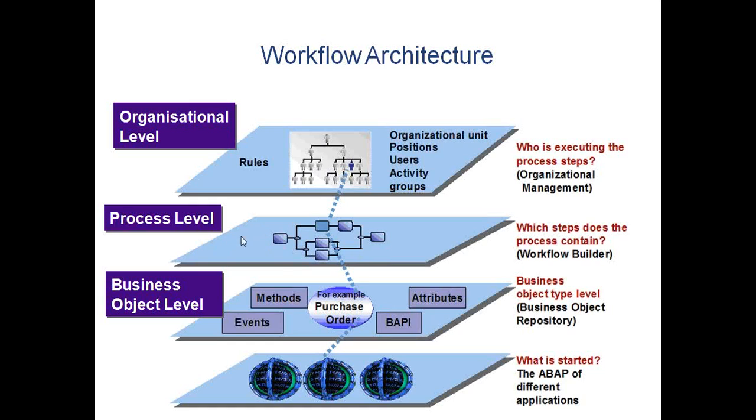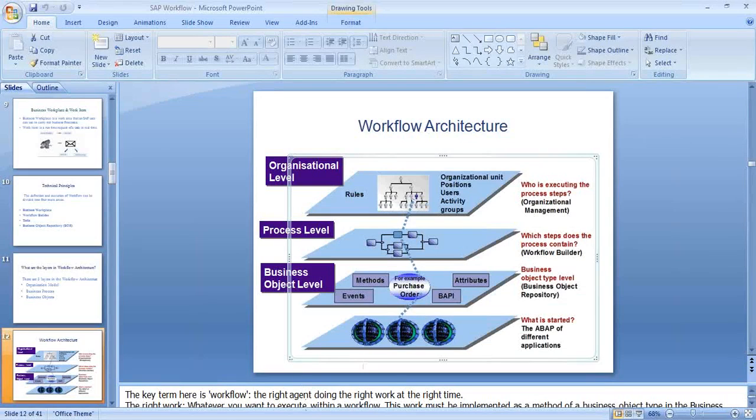Now coming to the process level. This process level is the steps where we actually define the process. As I have already discussed, suppose one sales order is created, and once it gets approved, you have to convert it into the open status.